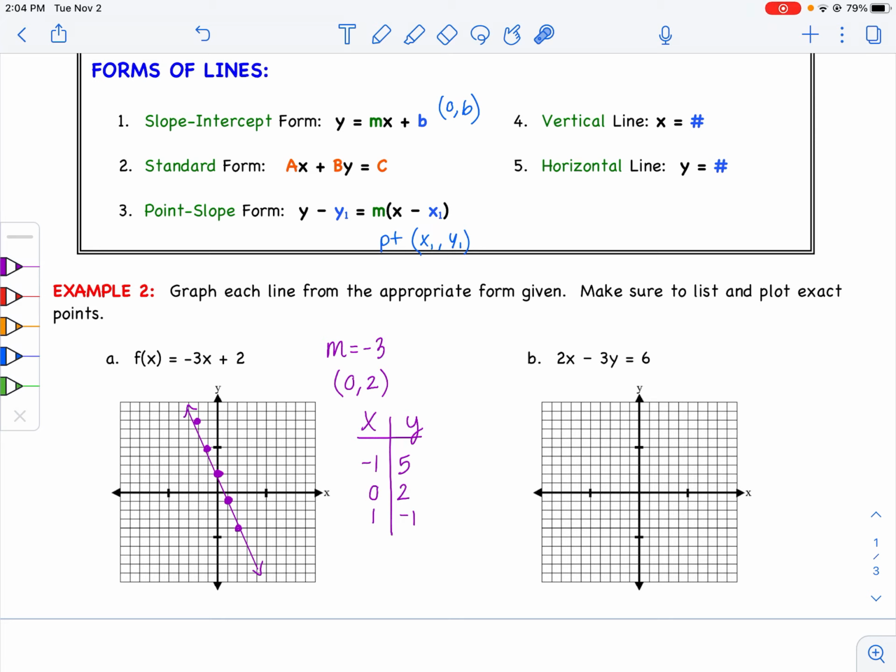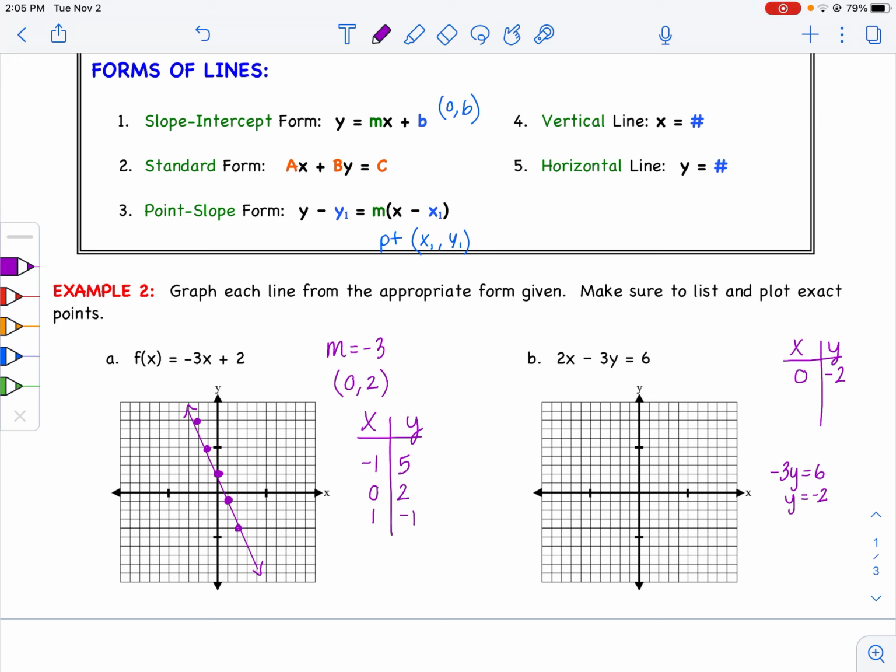Question B is in standard form, this form right here. Like I said, it doesn't tell us much, but it does tell us our x and y intercepts. So looking here, if I plug 0 in for x, this term goes away. I'm left with negative 3y equals 6, so y would be negative 2.